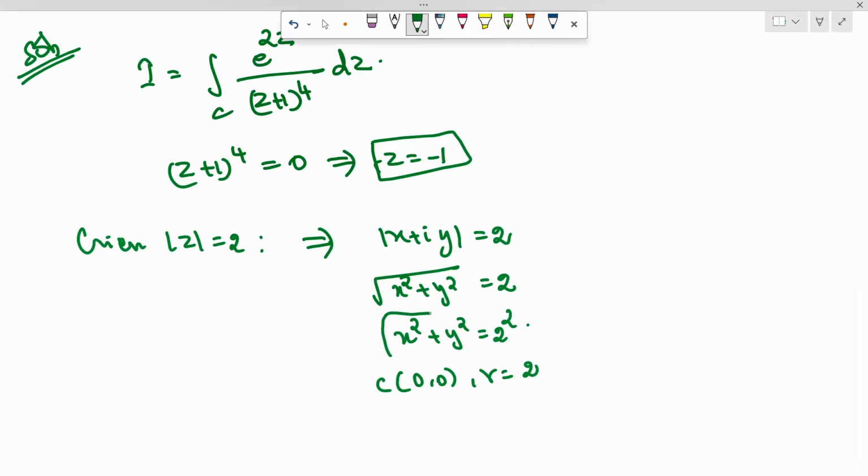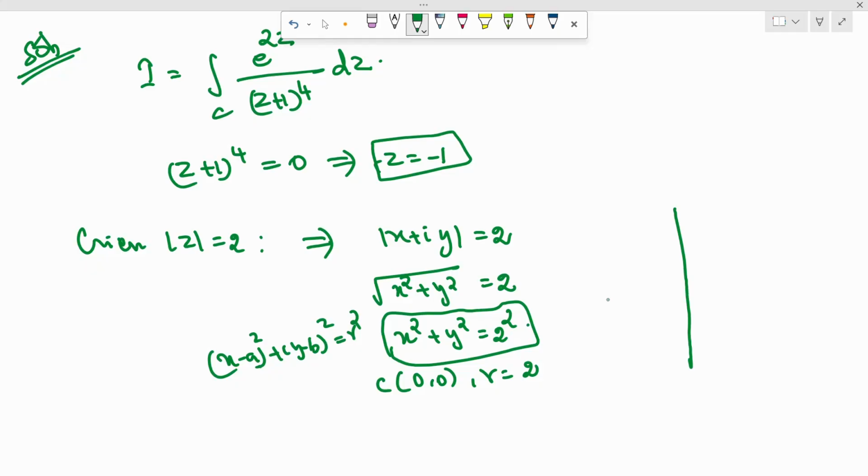We know that the general equation of circle is (x minus a) whole square plus (y minus b) whole square is equal to r square. Here a and b are 0 and radius r is 2. And then we can draw the diagram: x axis, y axis, center (0, 0) and radius 2.